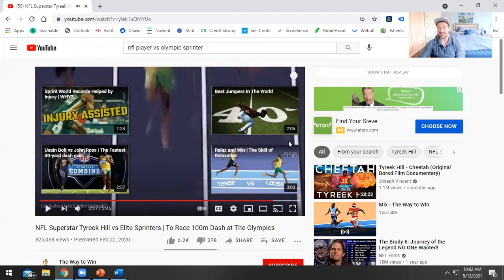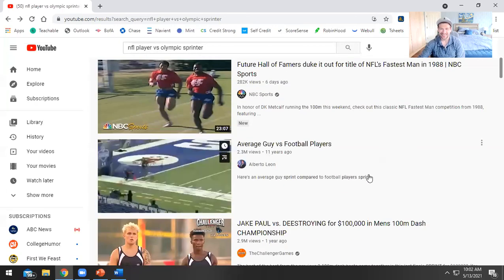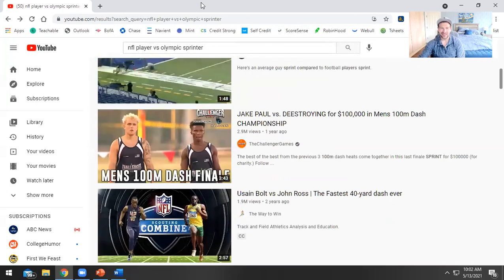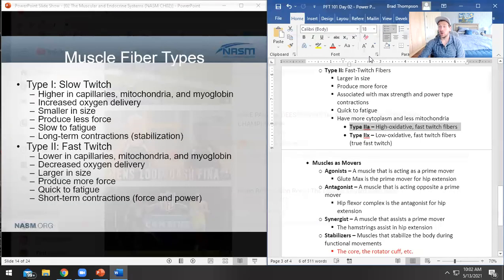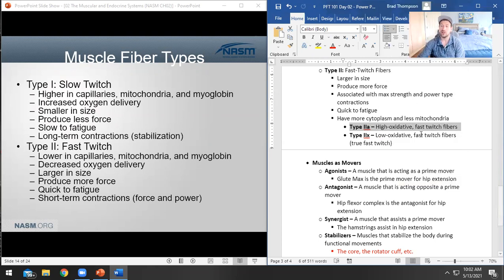So when we think about this, I was really, really hoping to see him actually do a 100-meter dash. When you think about it, these are two very different types of athletes. Those are both very much fast twitch athletes, right? But when you consider how explosive one person is versus another, that's the difference between either low oxidative or high oxidative fibers, right?